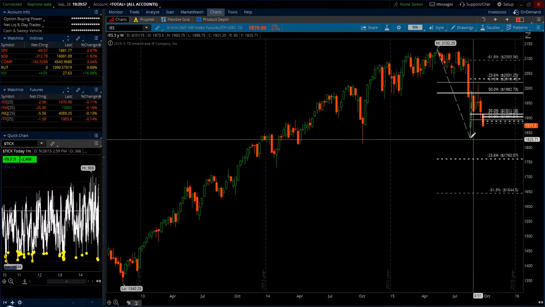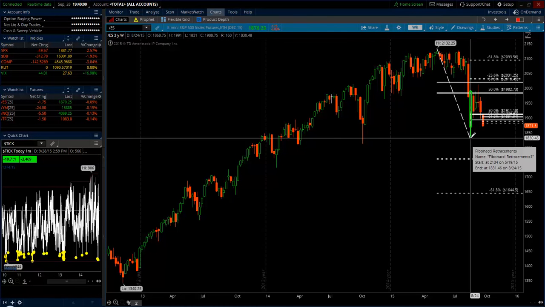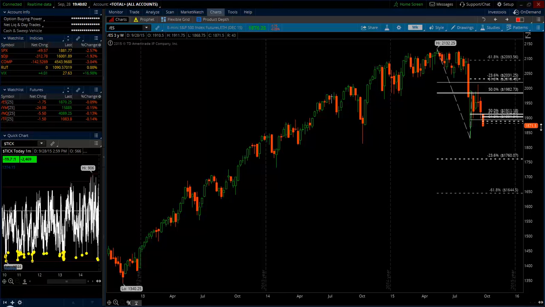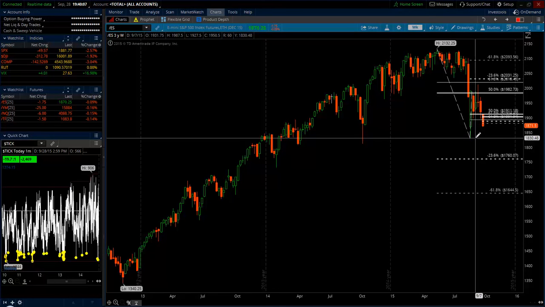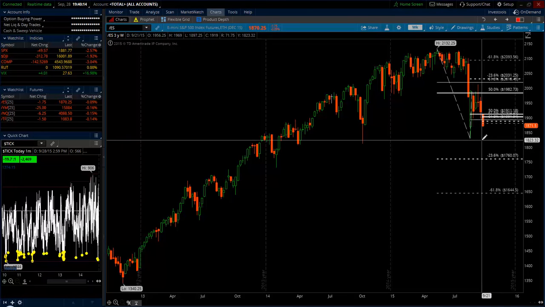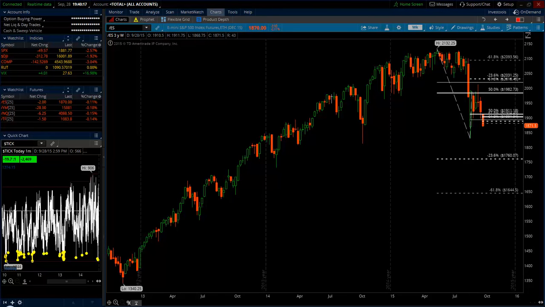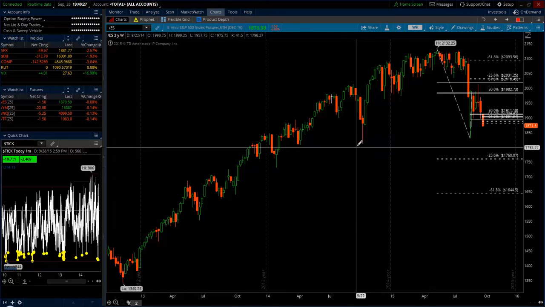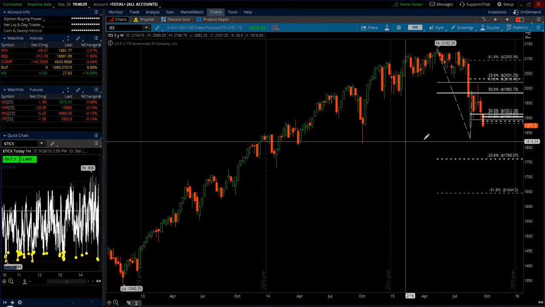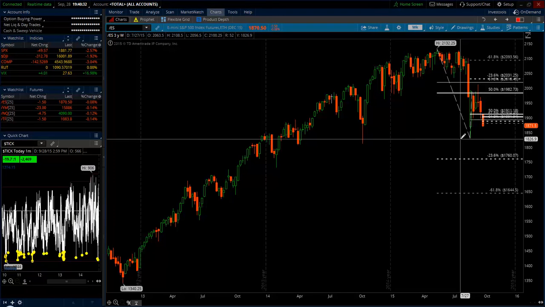If we break this swing low at 1830s and then immediately turn around and rally and start moving higher, well, now that's a sign that there are buyers, there's support stepping in at lows. And if we're moving higher from a breach of lows, that's telling us that the bulls have the upper hand and they're pushing the market higher. So those two levels, 1830s and 1810s, are going to be important levels to watch how the market acts at those points.